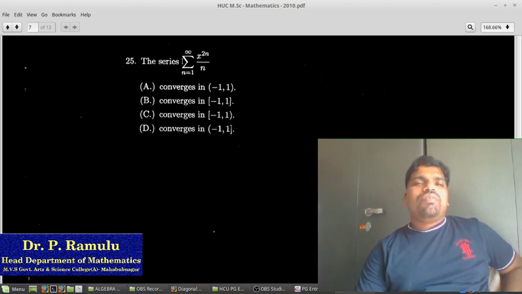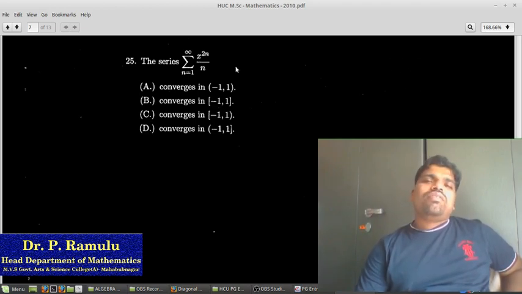After simplifying, what do we get here? x square into n plus 1 by n, that equals x square into 1 plus 1 by n. If we apply the limit, then this will give x square only. The limit of an plus 1 by an equals x square.